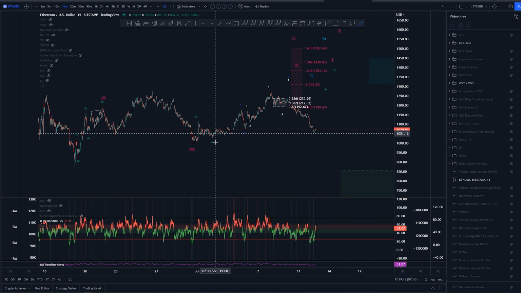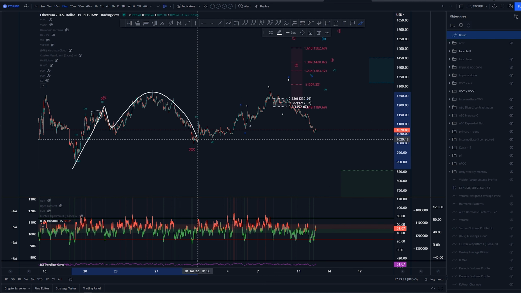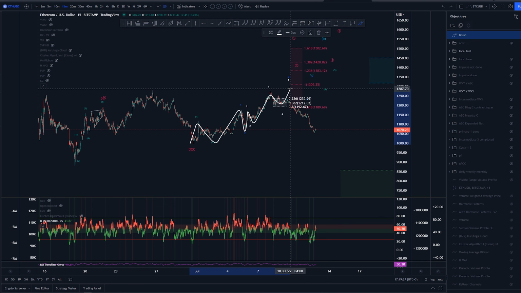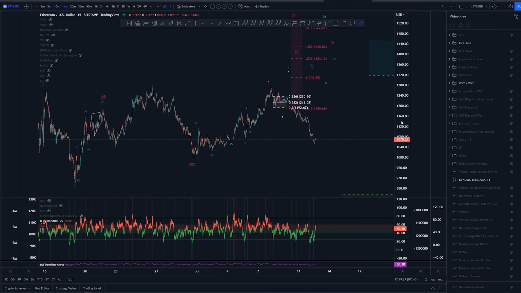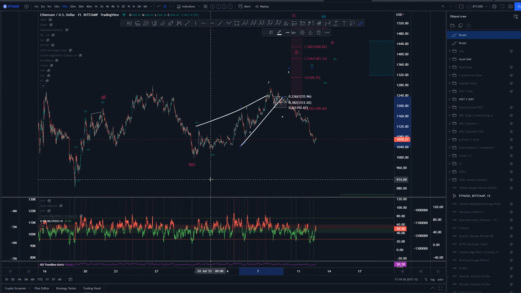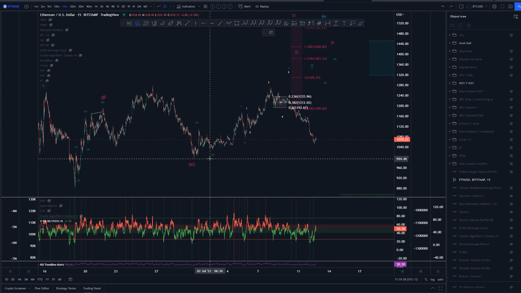The bullish scenario is still somewhat alive, but not a lot. I had it like this as a 1, ABC 2, and then again 1, 2, 1, 2, 1, 2, 3, 4, but again, that definitely did not play out. We still have some kind of option here of having some kind of very weird looking diagonal. Let's actually measure if that is even possible.